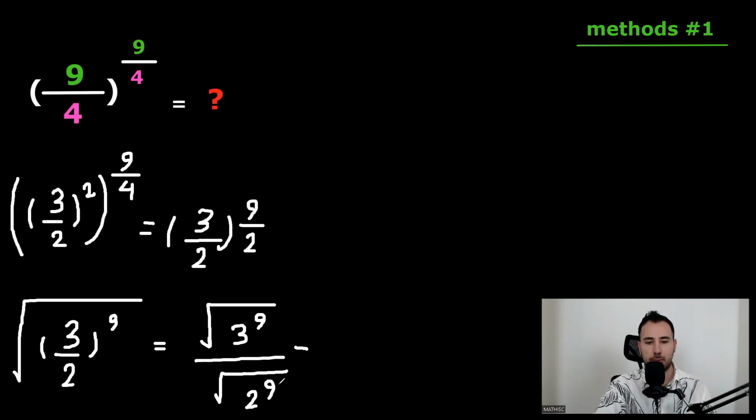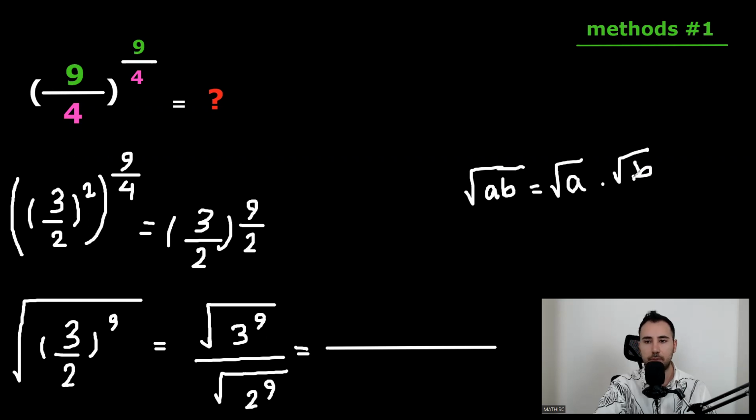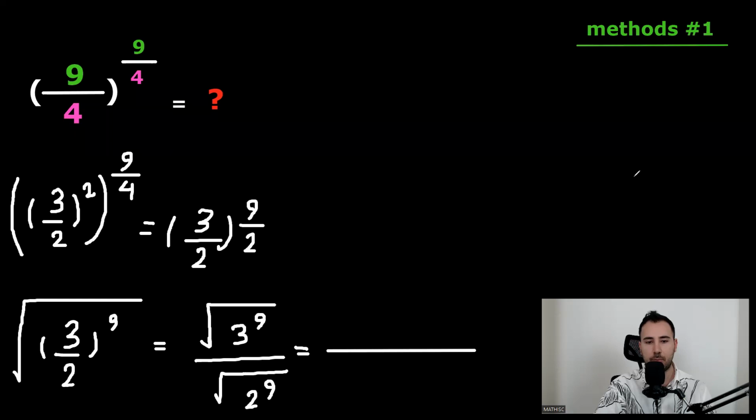Okay. So just to know it better, let's see how we could do it. If we have the square root of AB, I am allowed to write it as this, right? So let's go on and do it. I'm going to write 3 to the power of 9 as 3 to the power of 8 multiplied by 3 to the power of 1, right?